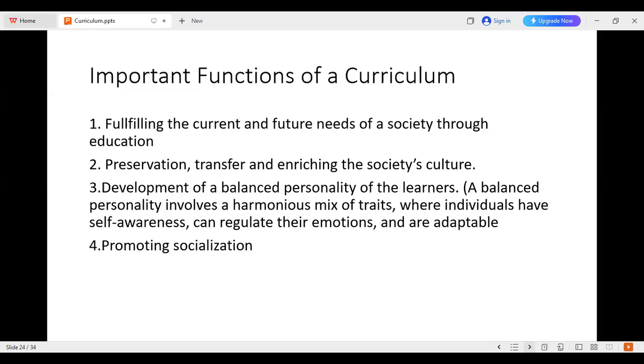We have to forecast the society, because the children now in the schools may live another 65, 70 years. They are going to work in a new world. Therefore, the curriculum should address the current problems of the society and the future needs.